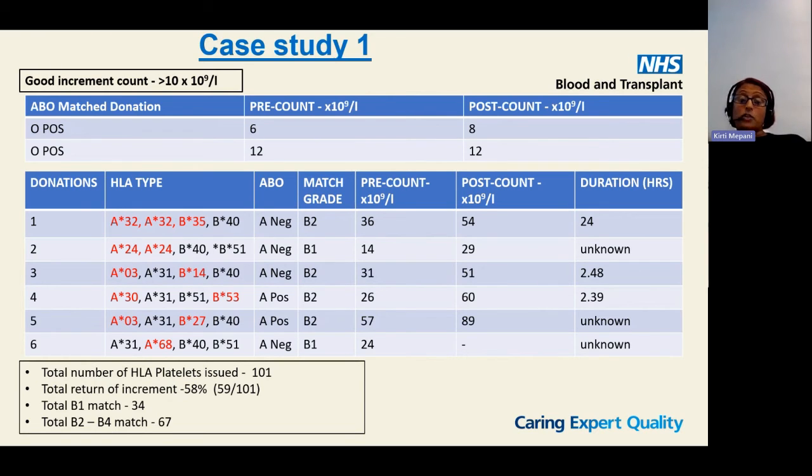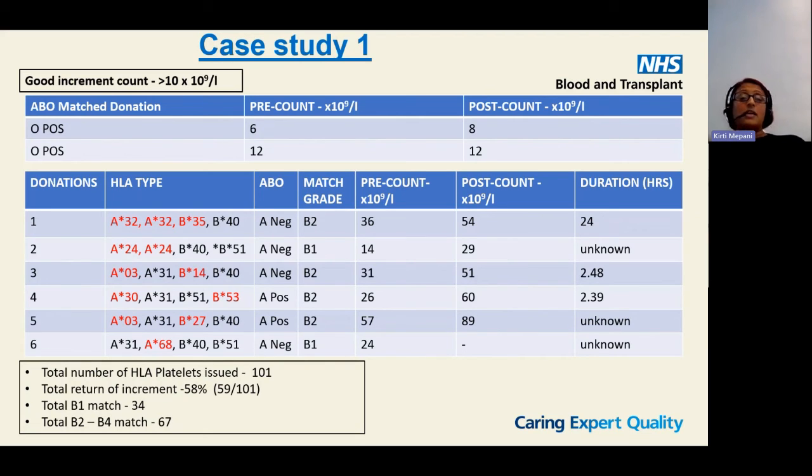She did have a total of 101 HLA selected platelets, of which only 59 out of those 101 we had received increments back for. 34 of those 101 units were B1 match, and 67 of those were B2 to B4 match grade. So you can see that the match grades were relatively good, from B1 to B2.